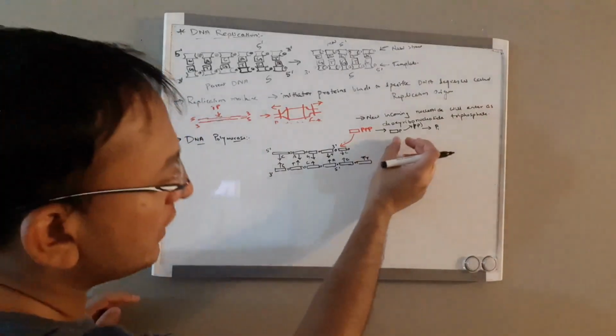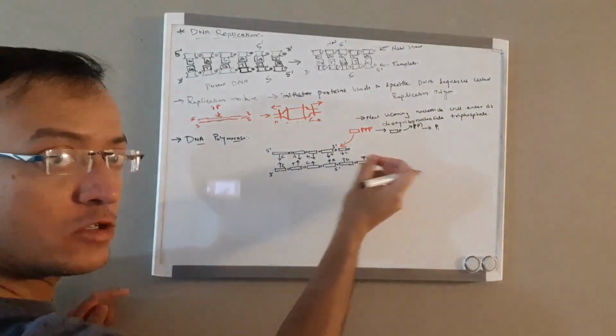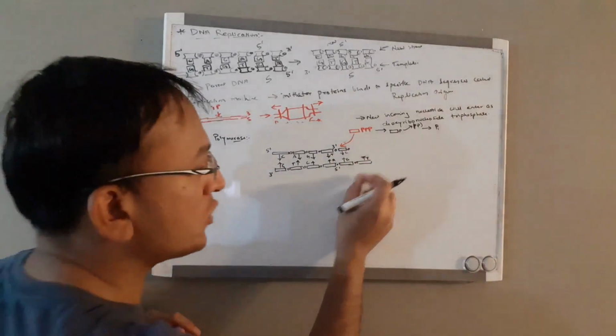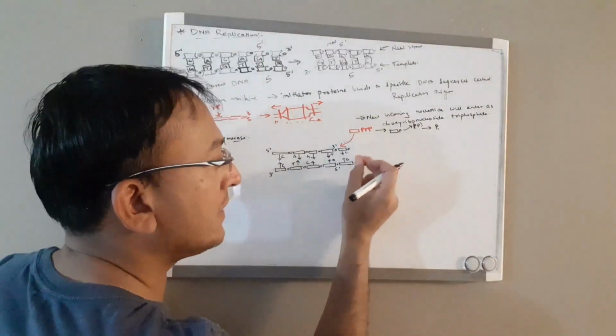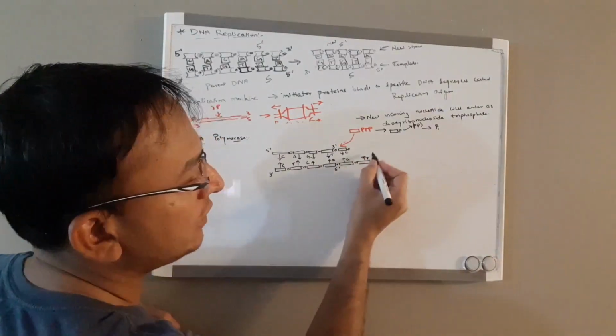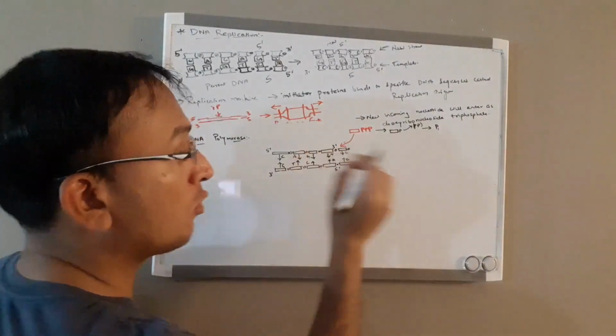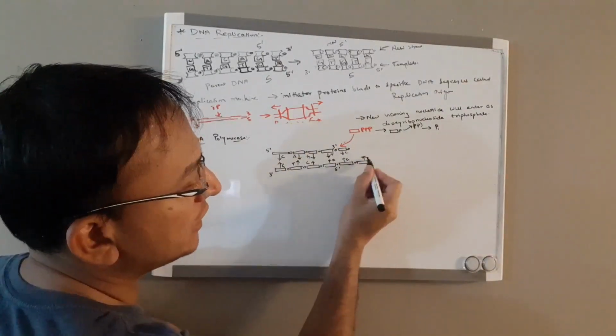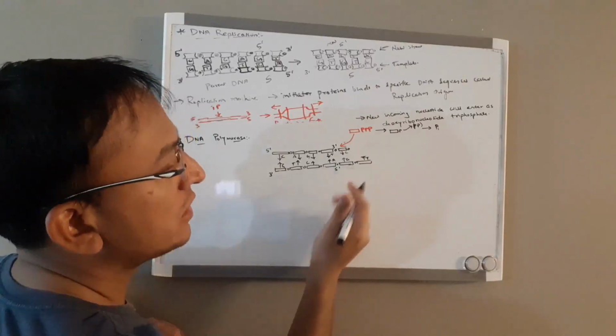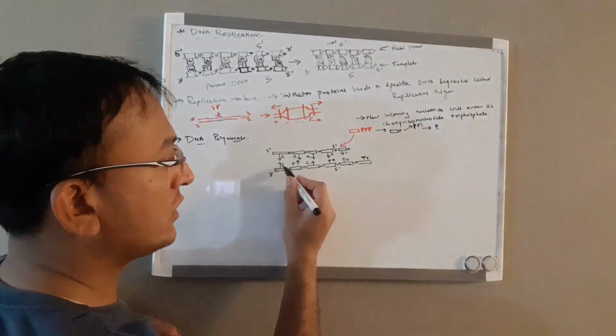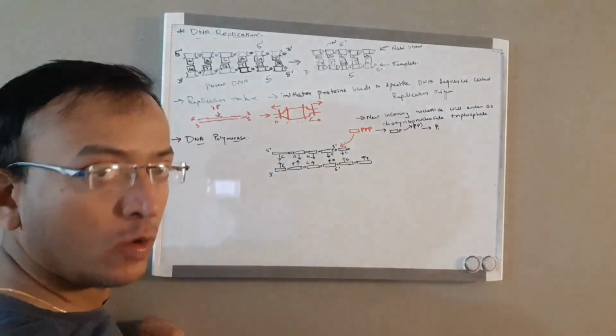For all the incoming nucleotides, the DNA polymerase will make sure that whatever nucleotide is incoming, it will match these bases. As we know, G with C, T with A, and so on.